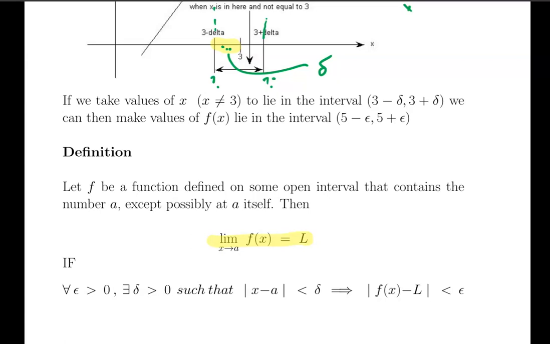This upside down A is read "for all." So for all epsilon greater than 0, this backwards E is "there exists."